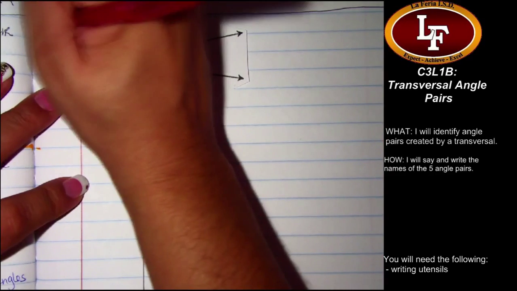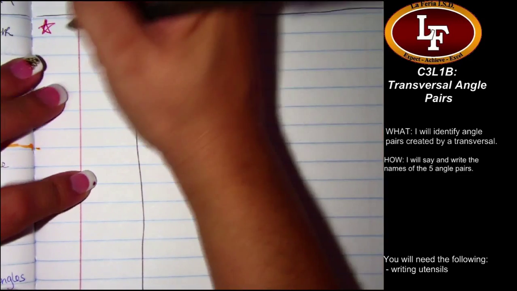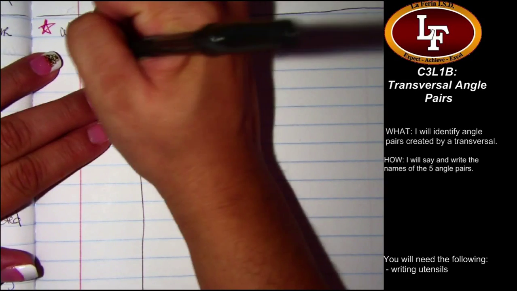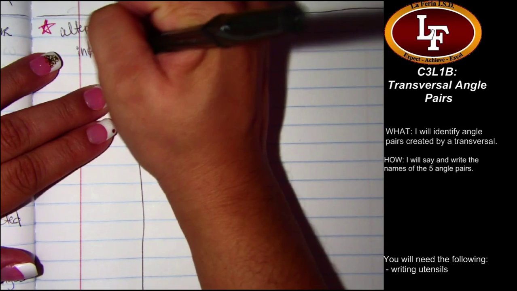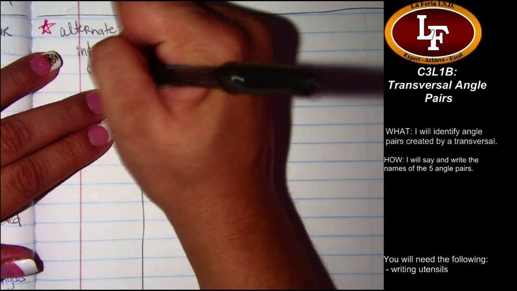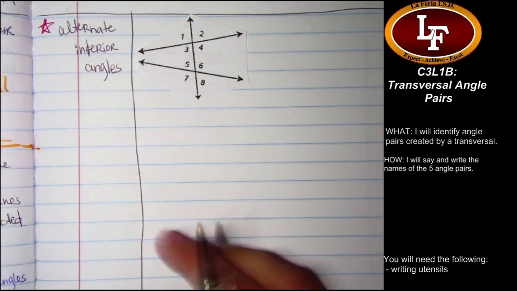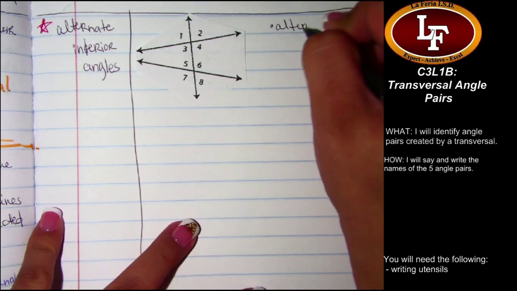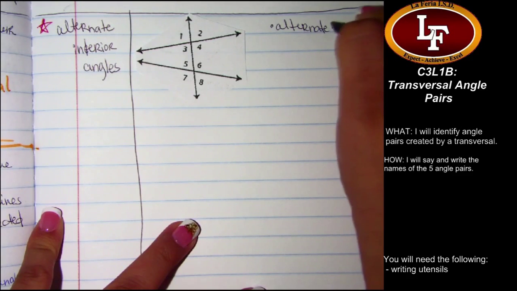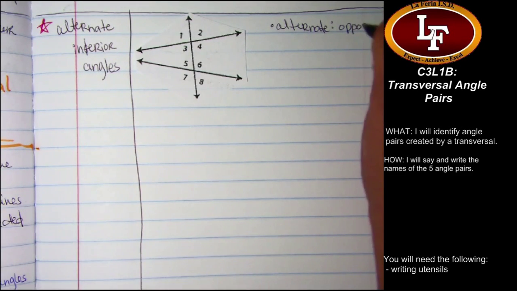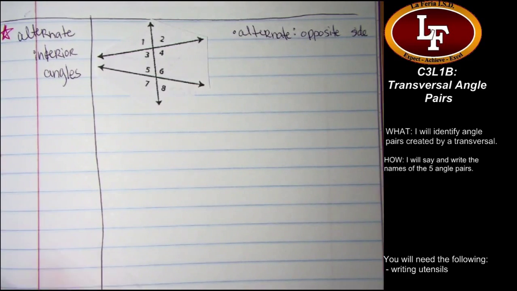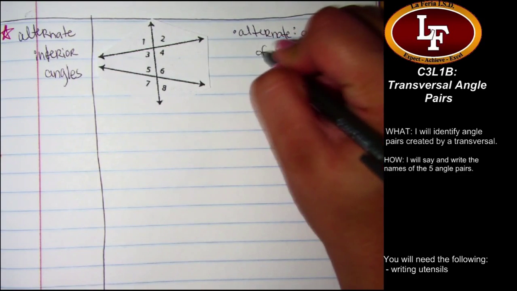All right, the next angle pair that we have is going to be the alternate interior angle pair. Alternate interior angles. Now what that word alternate means is that instead of being on the same side of the transversal, we're now going to be on opposite sides of the transversal.